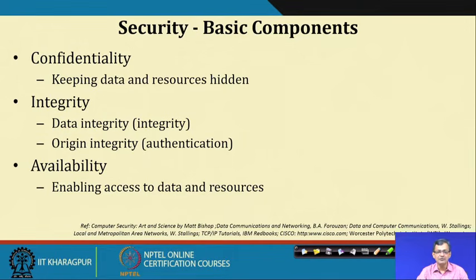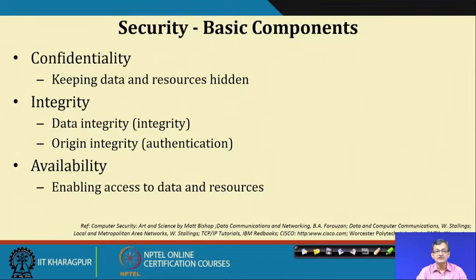There may be a physical problem disrupting things, or there can be a lot of traffic increase, congestion, etc. So, there is an attack on availability, the resource is not available, enabling access to the data and resources, this is availability.